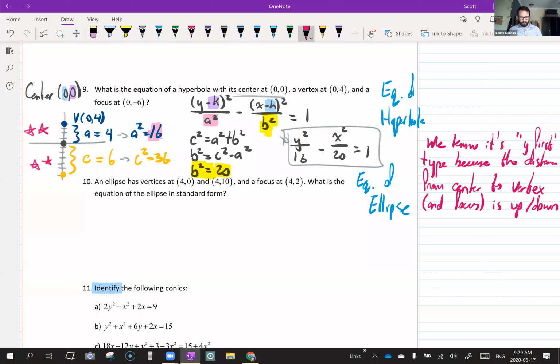And so if we know that the y comes first here in the formula, it's because the vertex is up and down. That's what tells us. The direction that it goes from the center to the focus or the vertex tells us what type of equation we have.